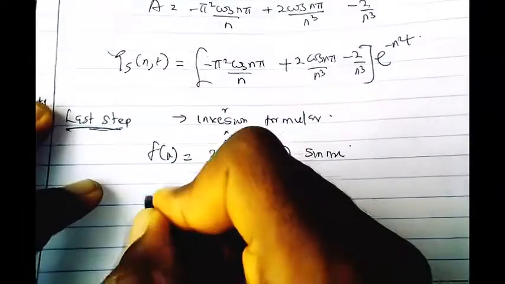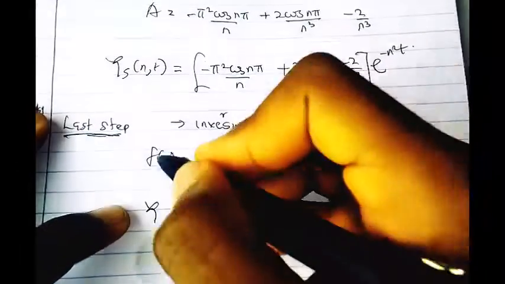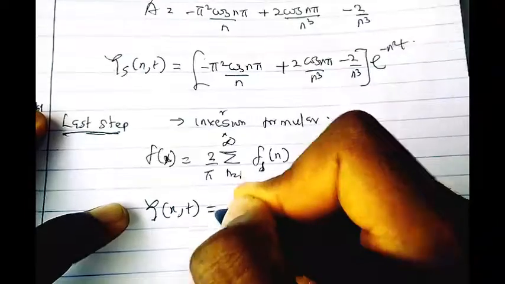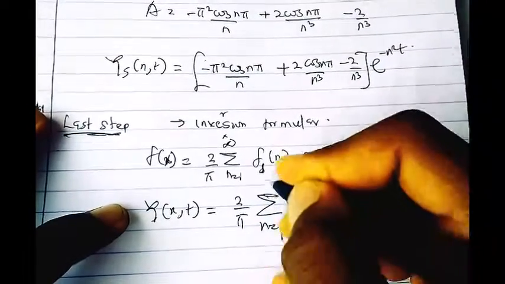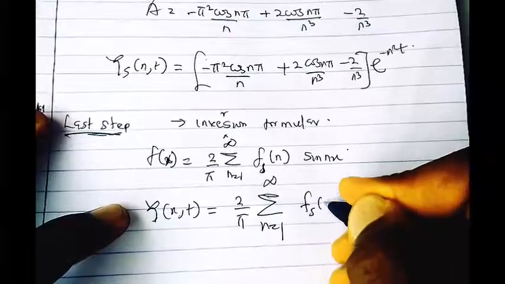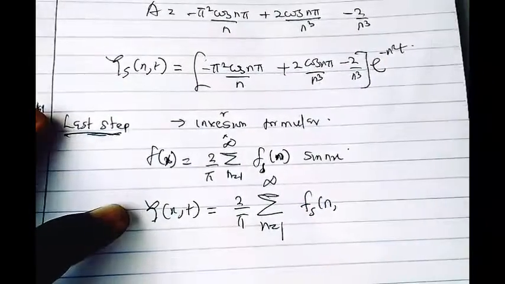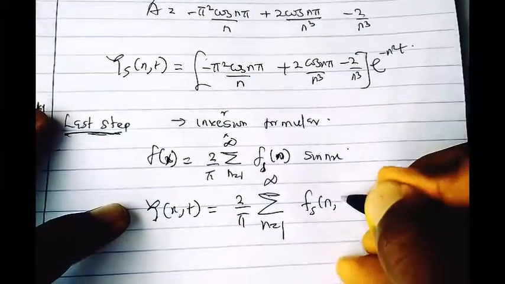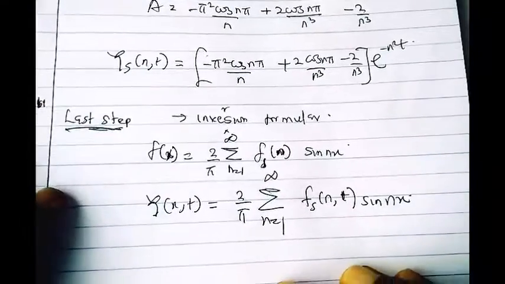My dependent variable is a function of x and t, not just a function of x. So y is a function of x and t will be equal to 2 over pi summation n equal to 1 to infinity of sine transform. And since the Fourier sine transform is a function of x and t, when x goes to n, I'm left with just a function of n and t, sine nx. So this is the inversion formula.